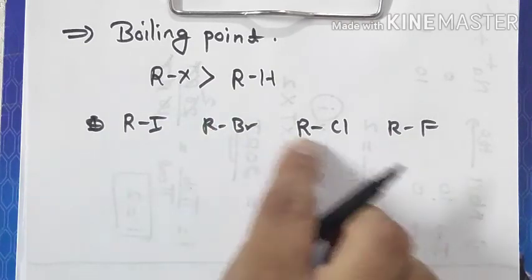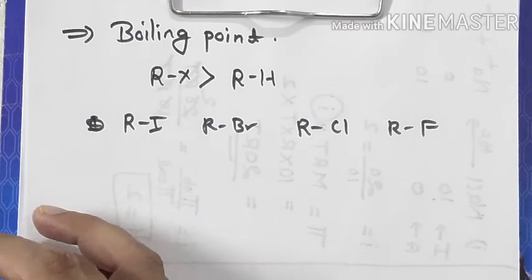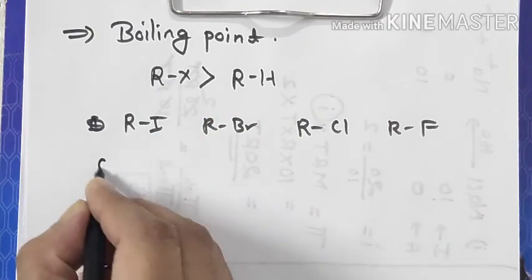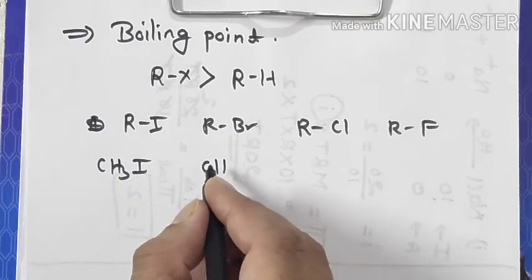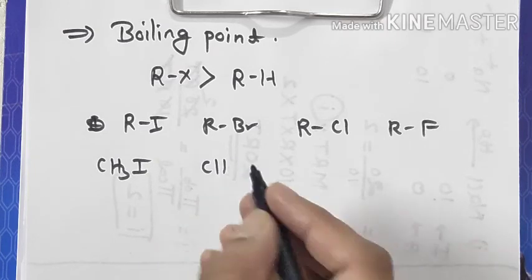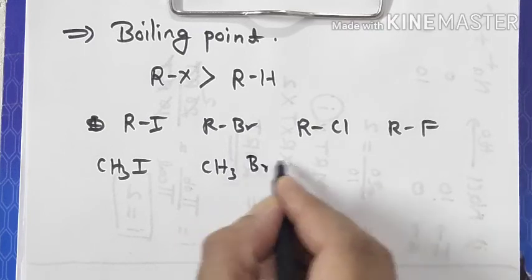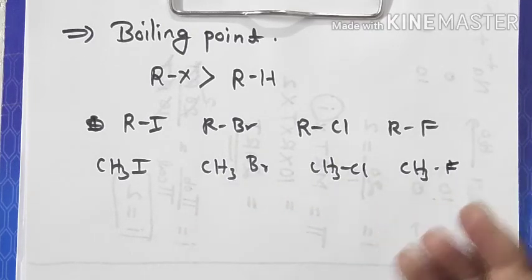Earlier it was between alkane and alkyl halide, but now all are alkyl halides. For example, CH3I, CH3Br, CH3Cl, CH3F.